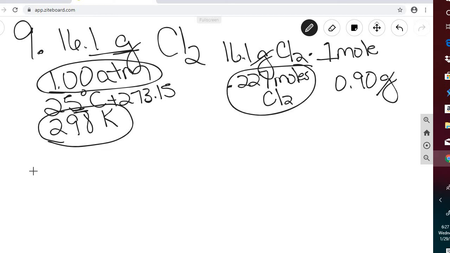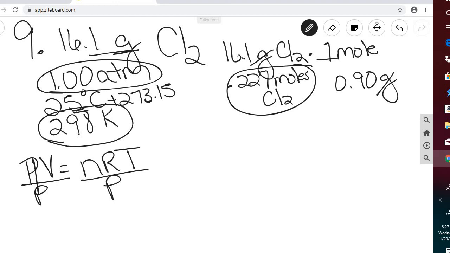Okay, so we are solving for volume. So PV equals nRT. The question asks us the volume of chlorine gas, so we'll just divide both sides by P, so that the P's cancel on that side. So V is equal to nRT divided by P. N we figured was 0.227 moles.